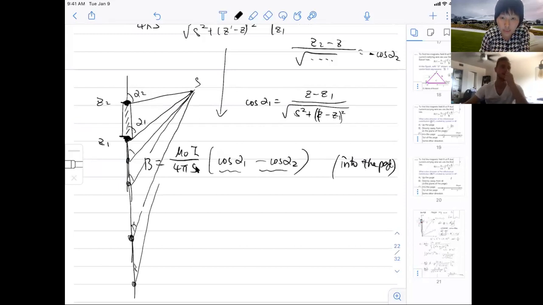You see this angle is getting smaller and smaller, right? So the cosine of alpha 1 should become 1. Yes, so alpha 1 is 0 if you have an infinite wire. Very good.